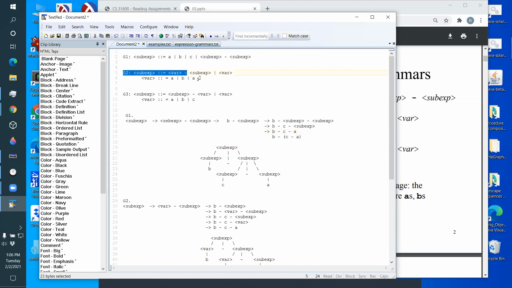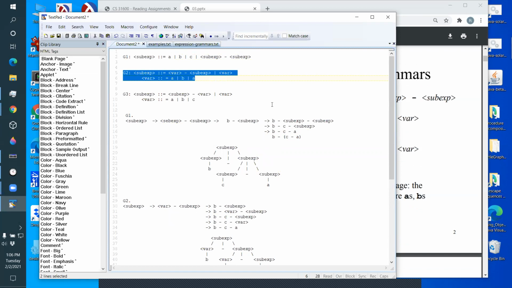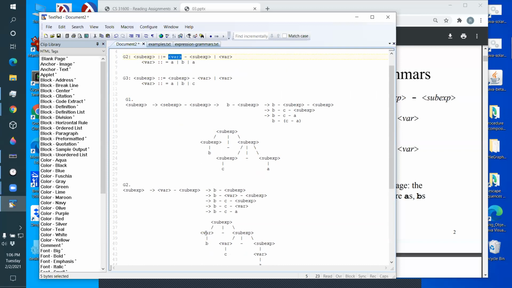But then look at this grammar. When you get to that grammar and you have this expression B minus C minus A, the first thing in it has to be a variable. Okay, so you're forced in grammar 2 to put the B by itself. So you're kind of forced to say that it's a letter minus the sub-expression.